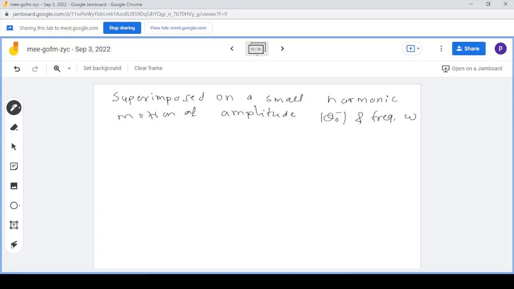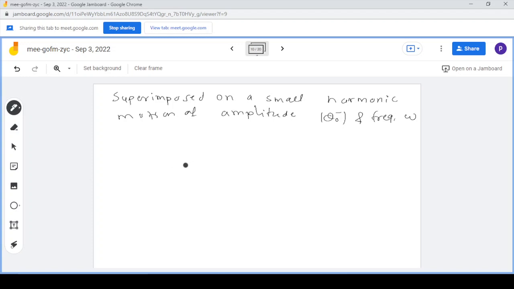So what we have done in this case, to avoid the non-linear analysis, we assume the crankshaft motion consists of only uniform motion, with angular velocity n0, and this uniform motion is imposed on a small harmonic motion of the amplitude theta 0.